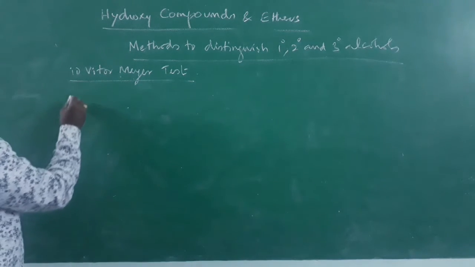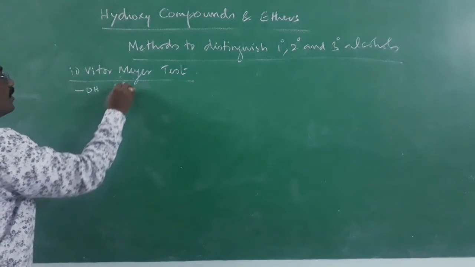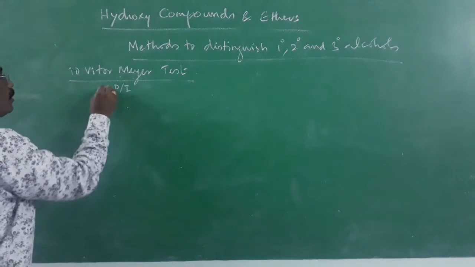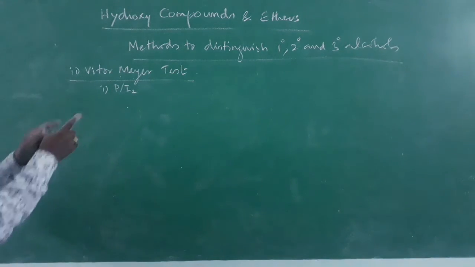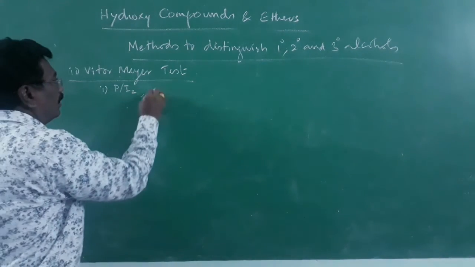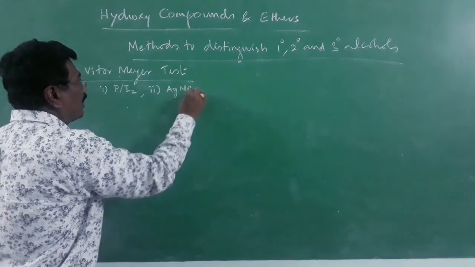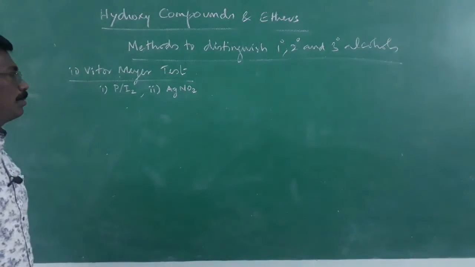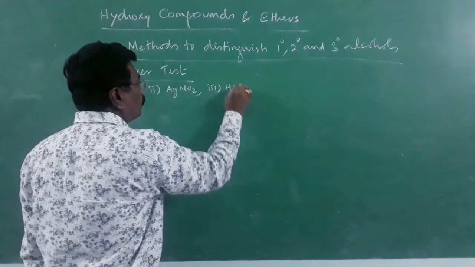First of all, the alcohol group is converted into iodide by using phosphorus and iodine. First one, phosphorus and iodine, so that OH will be replaced by iodine. And then it will be treated with silver nitrite so that iodine will be replaced by the nitro group. And then it is treated with nitrous acid, HNO2.